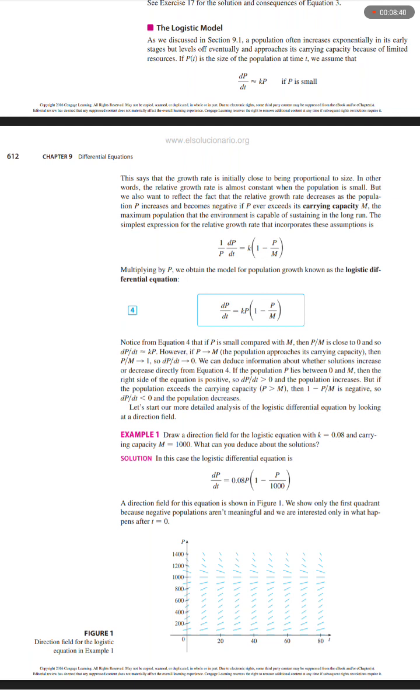But if the population exceeds the carrying capacity (P is greater than M), then 1 minus P over M is negative, so dP over dt is less than 0, and the population decreases. Let's start our more detailed analysis of the logistic differential equation by looking at a direction field.